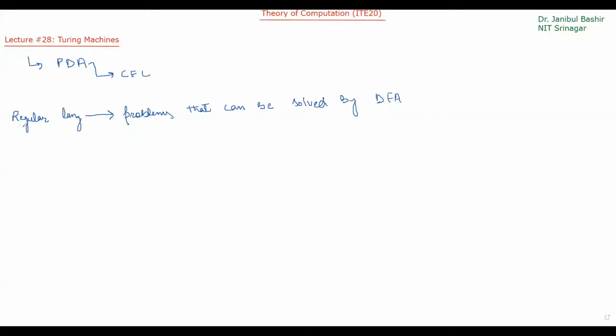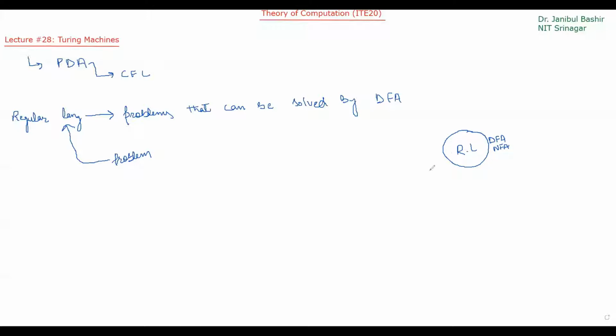So regular languages correspond to problems that can be solved by a DFA. If we have a problem that corresponds to a regular language, then we know that problem can be solved by a finite automata, a DFA or an NFA.